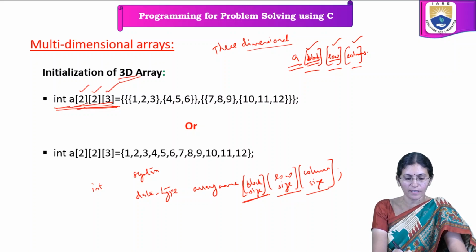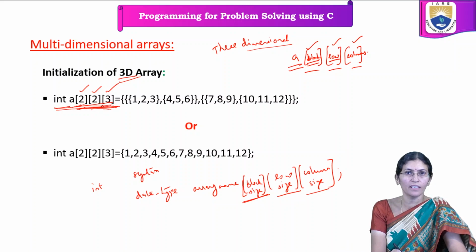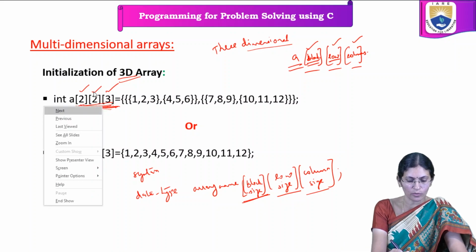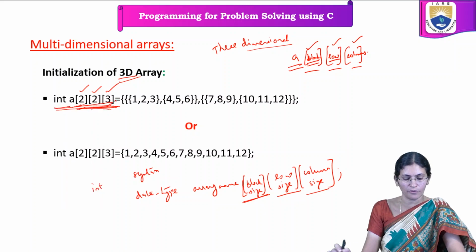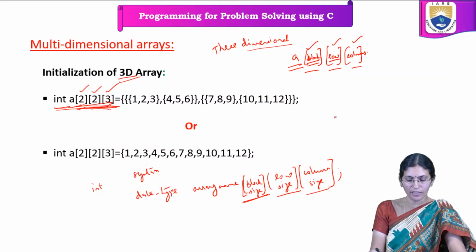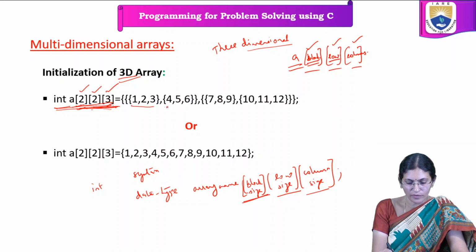So here we can say that there are two two-dimensional arrays, and each two-dimensional array size is 2 by 3. So row size is 2 and column size is 3. This is how we can initialize the elements in the three-dimensional array.